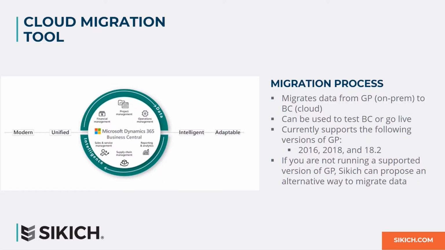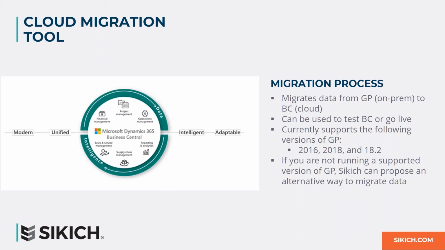Thank you, Annie. So I'm going to talk a little bit about the cloud migration tool and the process of getting your GP database information over into Business Central. The migration tool is going to give you the ability to bring data from your GP on-prem to the cloud.